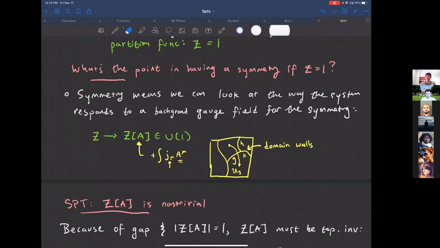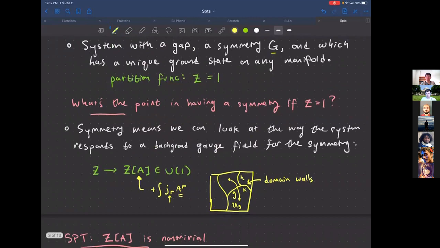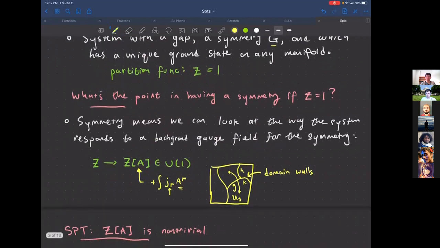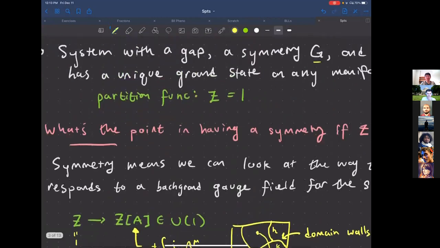Okay. Now, since I told you that we have a unique ground state and gap and everything, this partition function, in the absence of any added domain wall stuff, any gauge field stuff, was just 1, right? As I set up here.